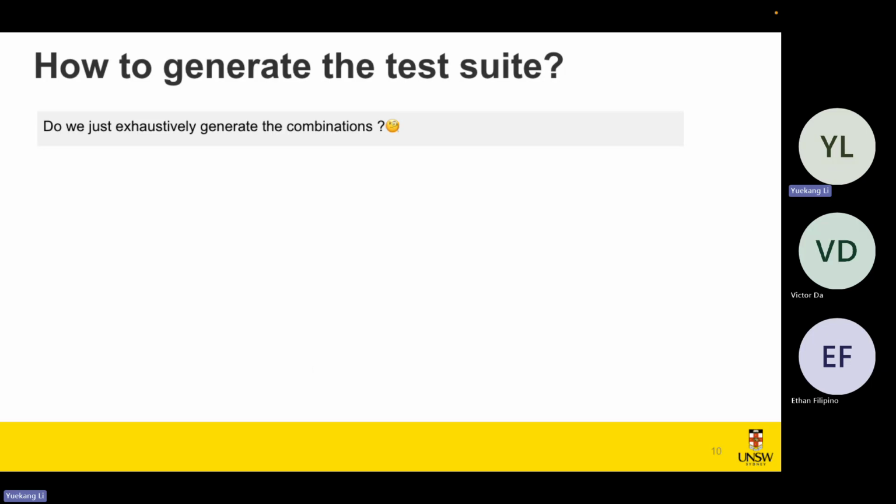Do we need to have exactly one test case per combination? The answer is actually no. Instead, we can use a technique called covering array. This covering array can help us achieve a certain interaction level with a minimum number of test cases in the test suite. And let's see how it works later.